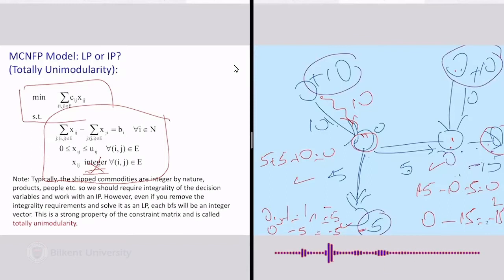It's a very strong property. We won't be dealing with proving it or anything, but I want you to learn that. So you can forget about integrality in MCNFP structure, and your results will always be integer if your data is integer. All right? This is a very strong property of the MCNFP models.